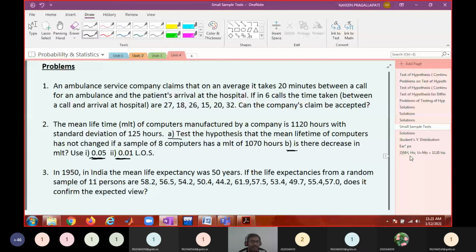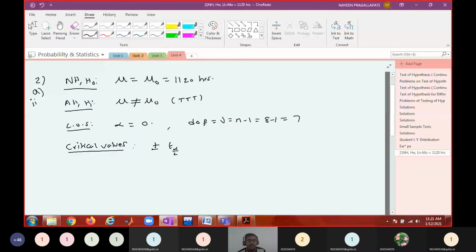So for part A, the second bit, I am telling you: plus or minus t alpha by 2 comma nu. What is alpha by 2? This is 0.01, so alpha by 2 is going to be 0.005 comma 7.